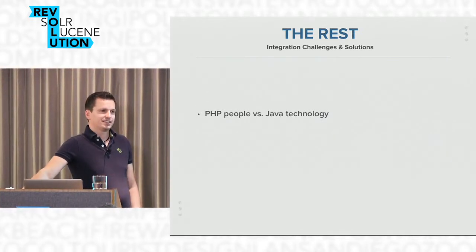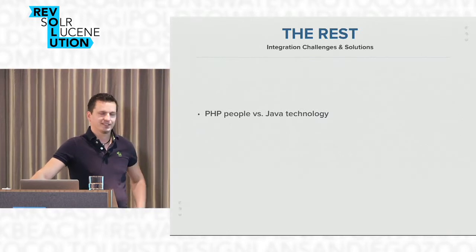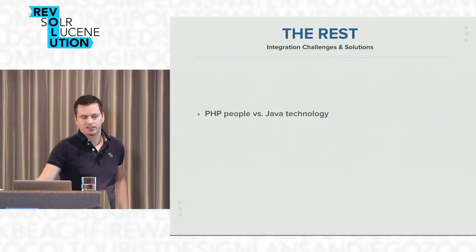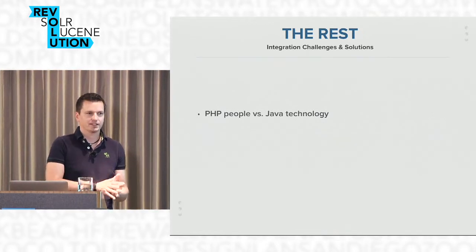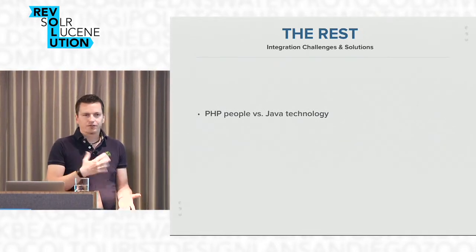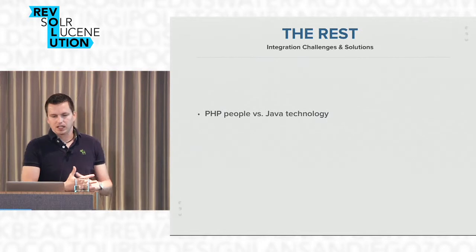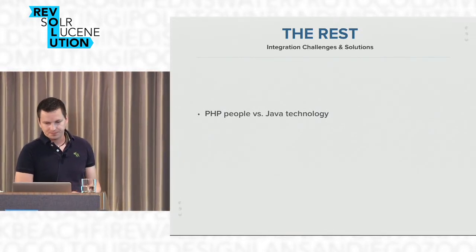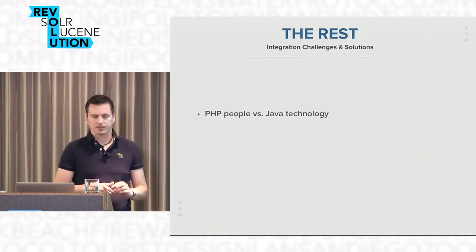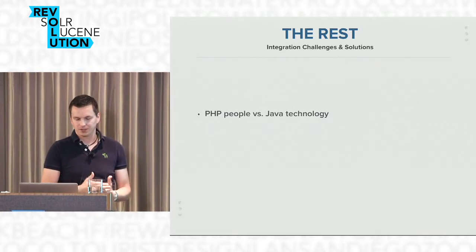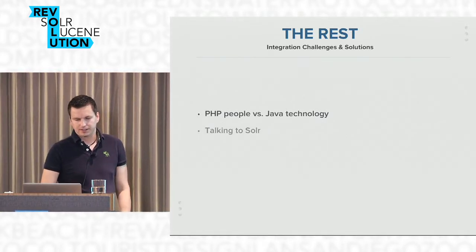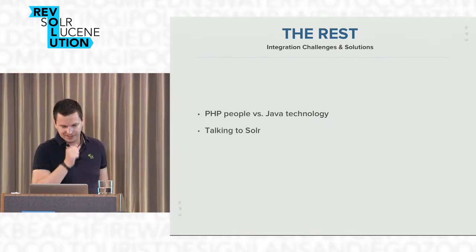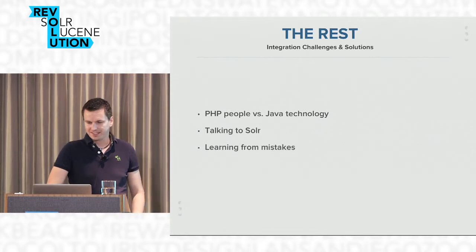And so we had to take some measures to make it easy for PHP people to set up a Tomcat and Solr and configure everything. In the end, we wanted to have everything as easy as possible for everybody. And talking to Solr needed to be solved some way. And of course, we made mistakes when we started with that. I mean, everybody starts somewhere.